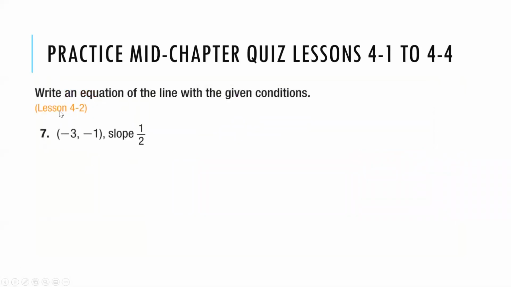All right, so it says to write an equation of the line with the given conditions, okay? So it gives you a point and the slope. So you're going to use the point-slope form. Big clue there. All right, so remember that's y minus y1 is equal to m, and then x minus x1, okay?